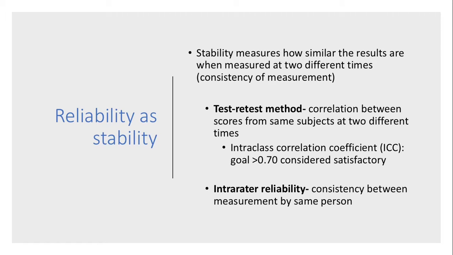The statistical test that's used for this is called the intra-class correlation coefficient, and you can see the goal that's considered satisfactory there. The other one is intra-rater reliability, and this is consistency between measurements by the same person, another measure of stability.